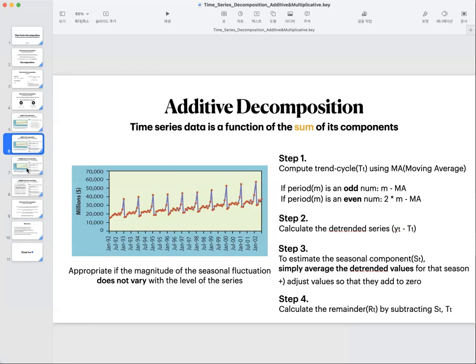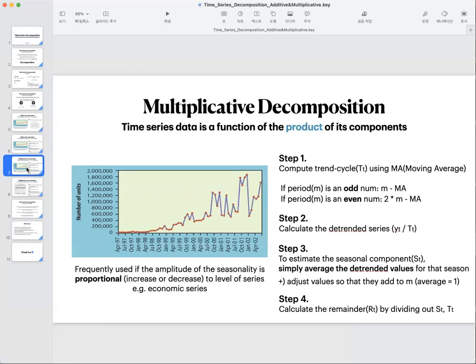So let's move on to the multiplicative one. Rather than a sum, the multiplicative decomposition argues that time series data is a function of the product of its components. It is frequently used if the amplitude of the seasonality is proportionally increasing or decreasing with the level of the series, like it fluctuates a lot.